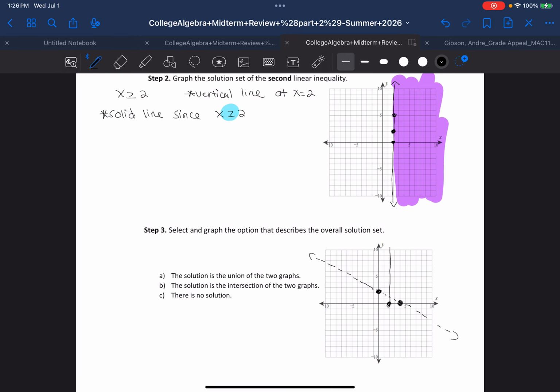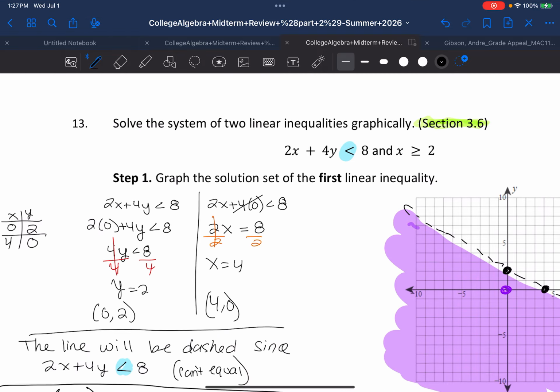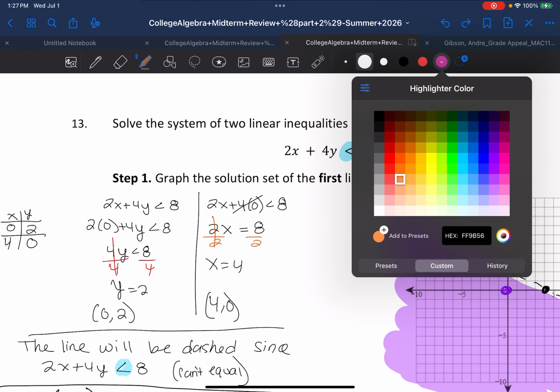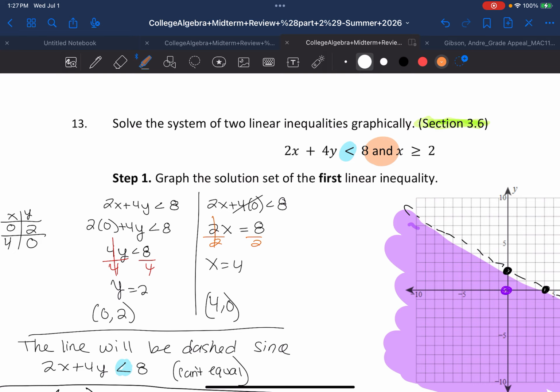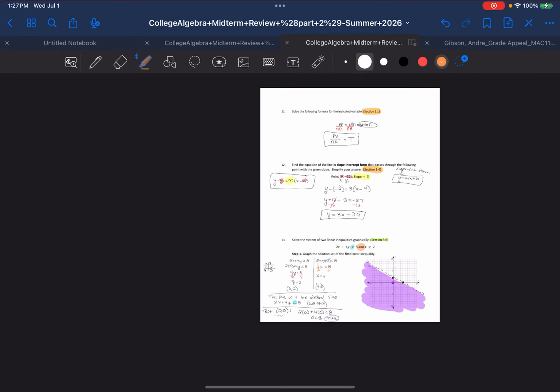And that one's solid. So I'm just regraphing them on the same graph system. Okay, now because the original problem here had the word and, when I go to graph the final solution to this problem, it's going to be the intersection of these two graphs that I just did, because it has to be true for both.